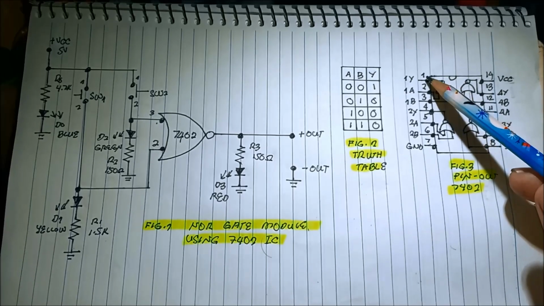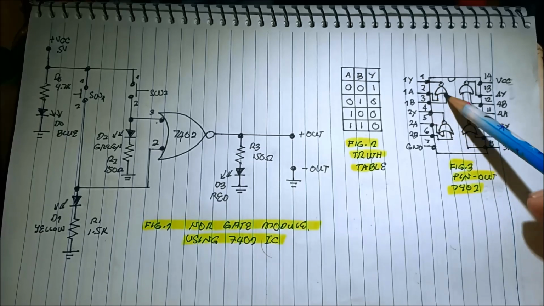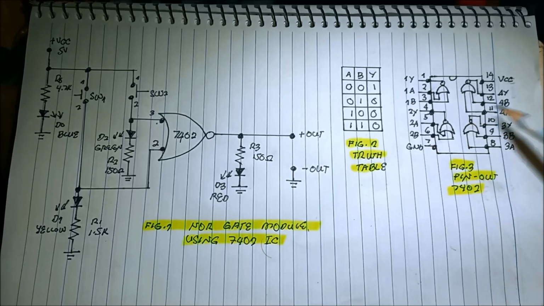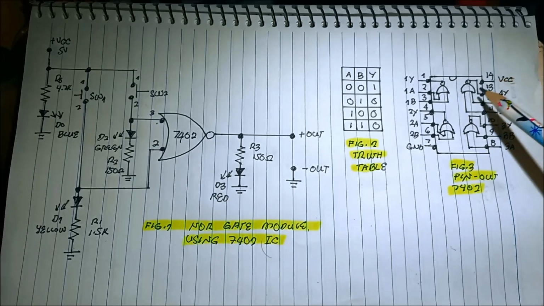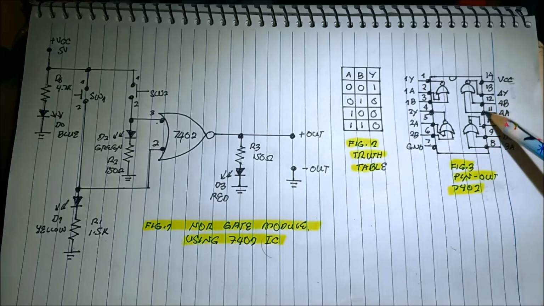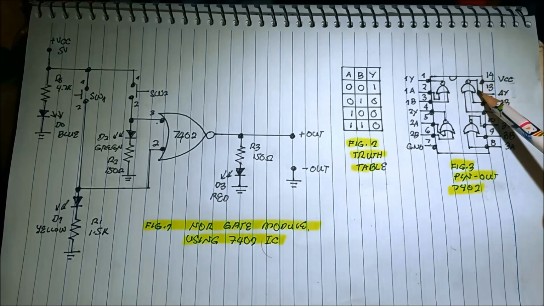This one, pins 1, 2, 3. This is pin 7 ground, pin number 14 VCC, and the others are the pin outs of the other NOR gates, the output and the inputs.